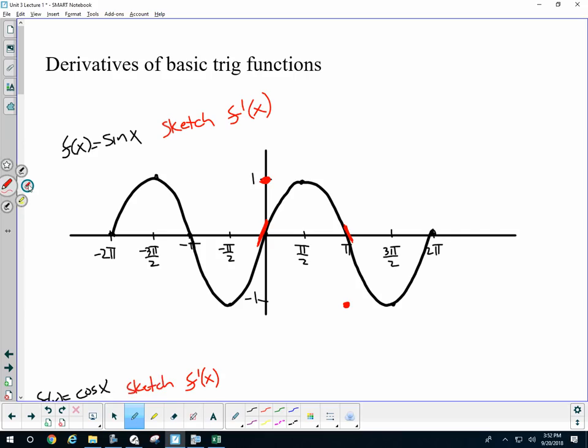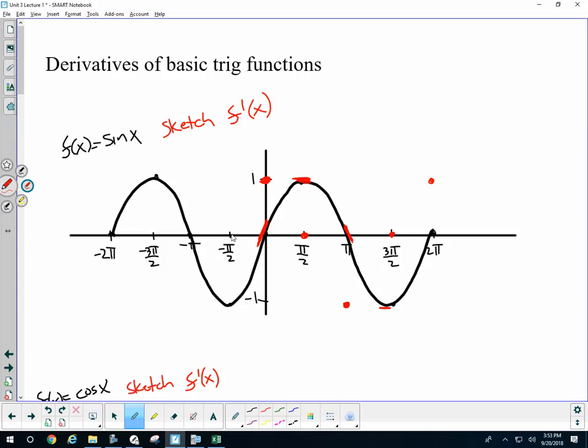So like at pi over 2, we have a slope of 0. 3 pi over 2, I have a slope of 0. It looks like at 2 pi, I have a slope of 1.